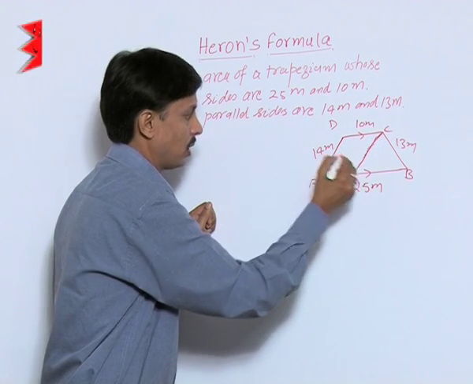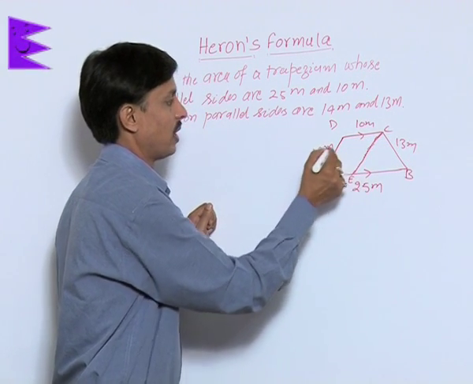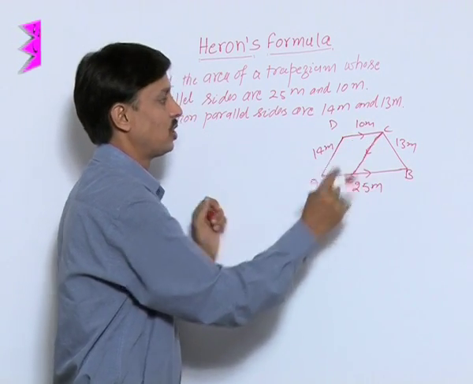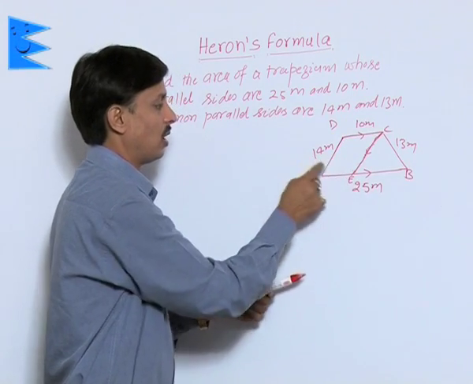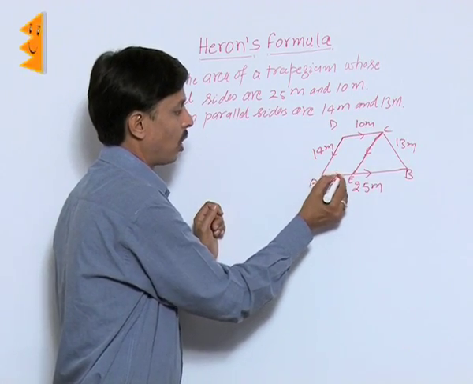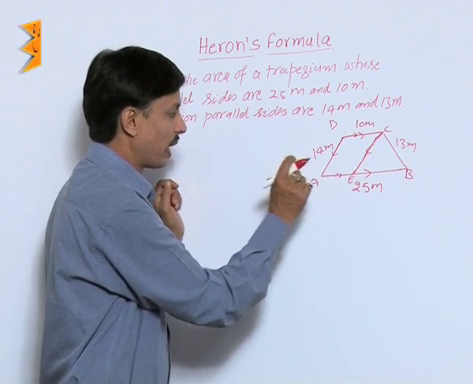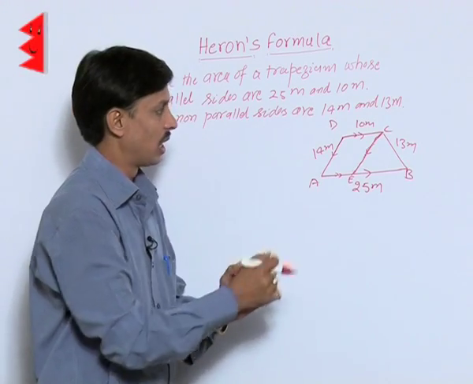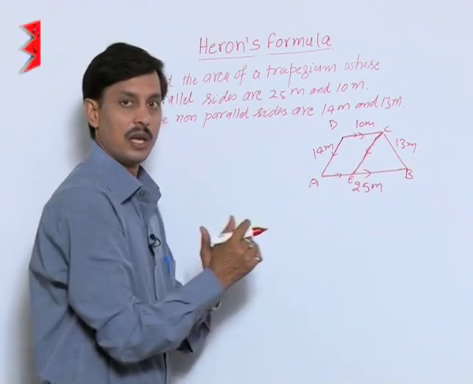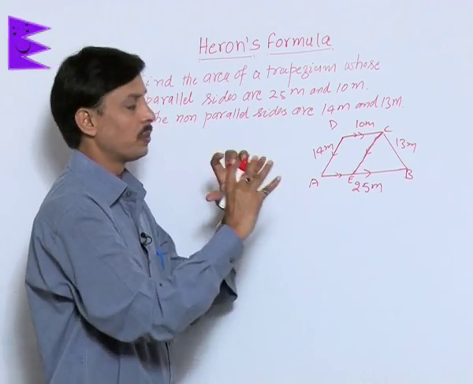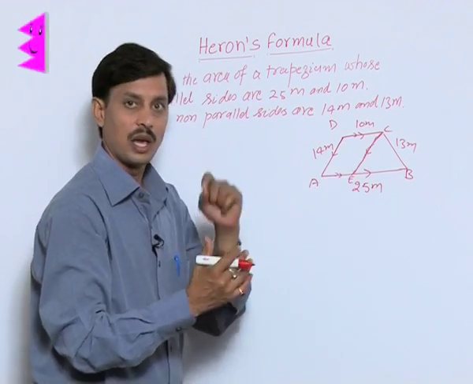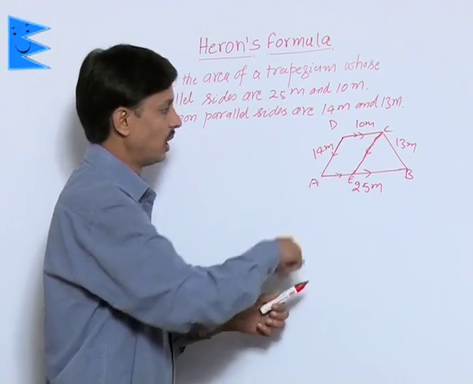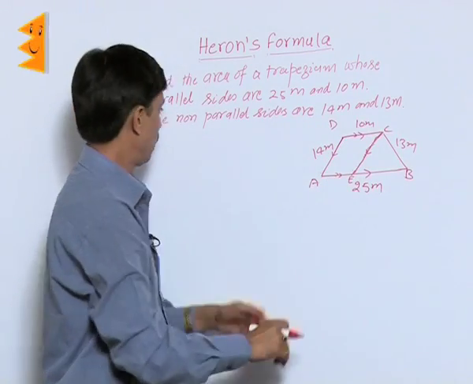Suppose this point is E. CE is drawn parallel to DA, and DC is already parallel to AB. So you can say AECD is a parallelogram, CEB is a triangle. If the areas of those two shapes can be calculated and added, then we will get the area of the entire trapezium.